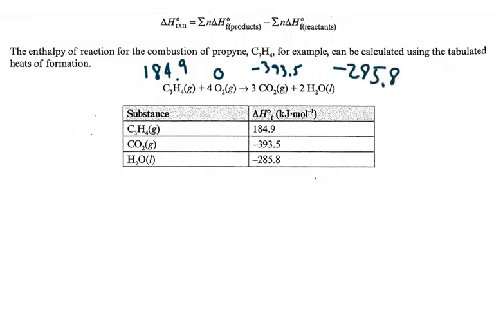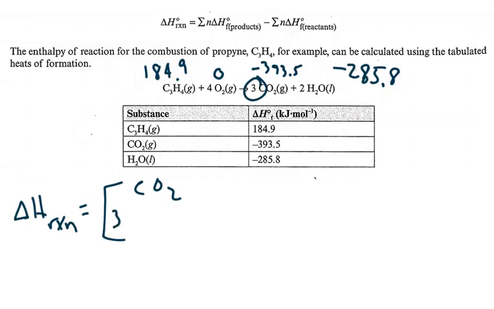So to find the delta H of the reaction, you're going to get the sum of the products. The two products are CO2 and water. Let me rewrite that here. CO2, which you need to take into account that you have 3 CO2, so you have to multiply negative 393.5 by 3. And then you're going to add it to the other product, which is water.